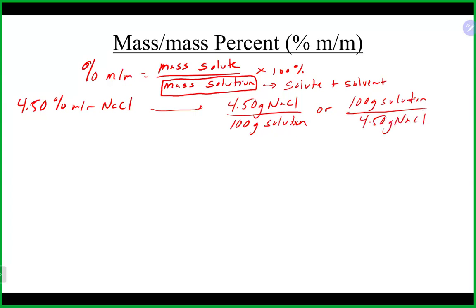So sometimes in these problems, it's easier to take a dimensional analysis approach rather than using the formula. And again, a reminder that if you do some dimensional analysis calculations, you sometimes don't even have to remember these formulas. Just think about what you want to get rid of and what you want to keep in terms of units, and it will do the formula and the rearranging for you. But this is a very good way to turn a percentage into a usable unit.